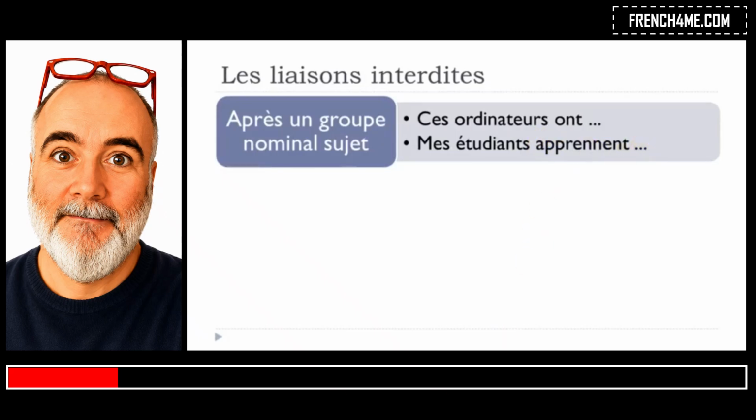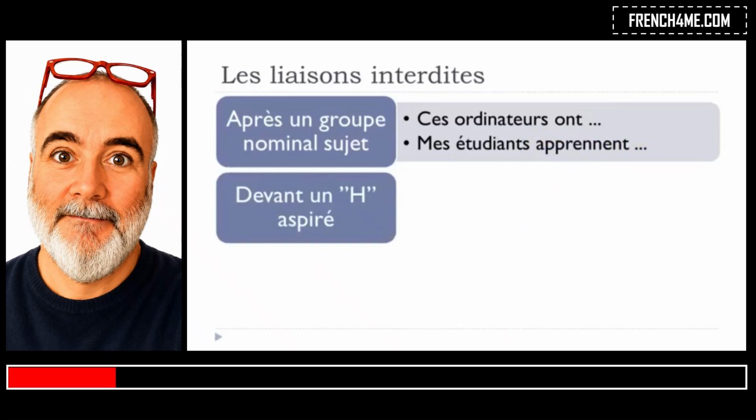Okay? And then, this is quite interesting because it's what we call un H aspiré. Okay? So for instance, in this case, well, I did put that in a big letter because it's a place in Paris.